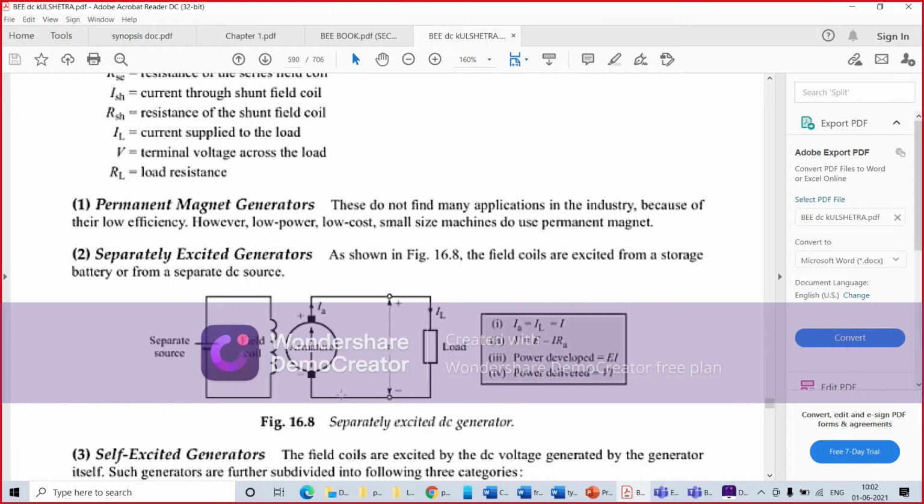Similarly, if you can see here, you have constant excitation. You are exciting your field windings through a constant voltage. That's why these two motors have similar speed-armature current and torque-armature current characteristics.